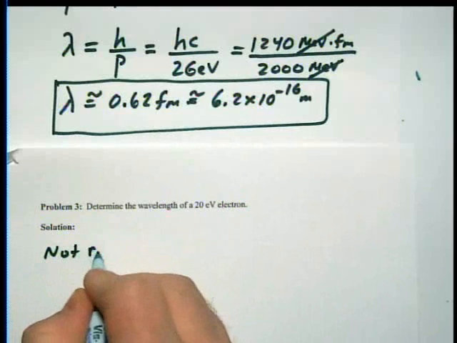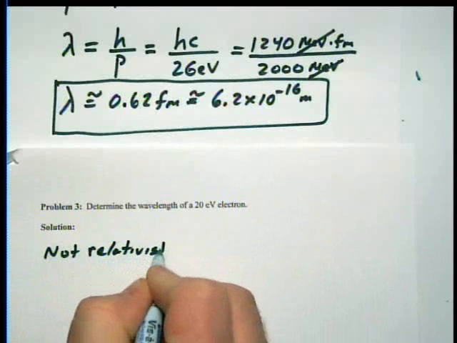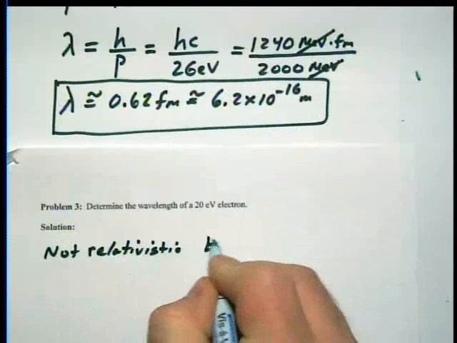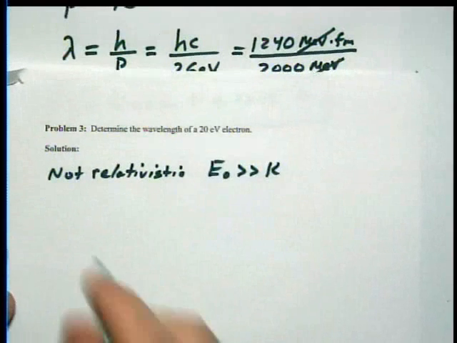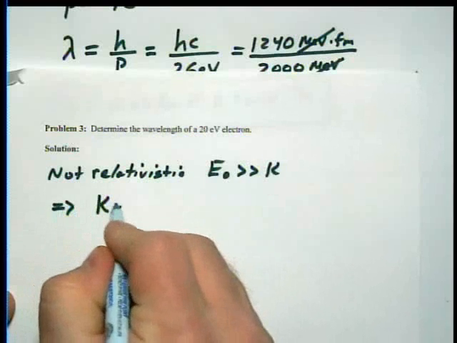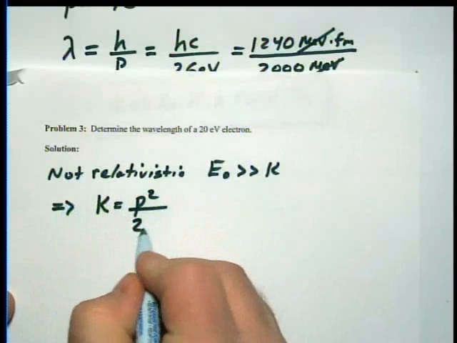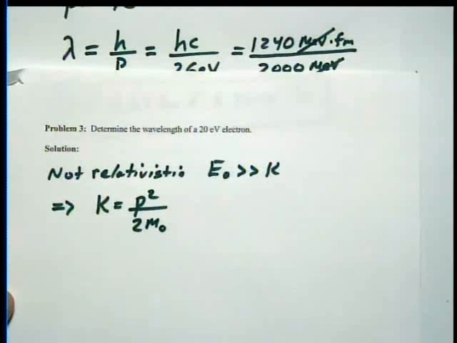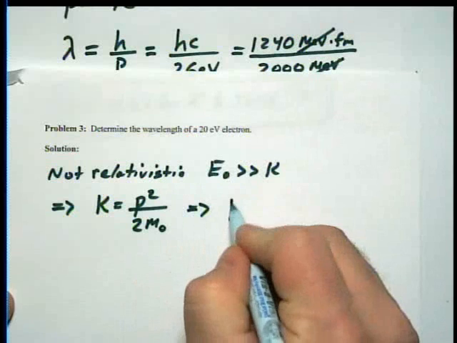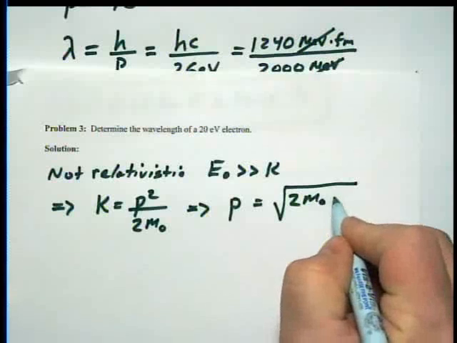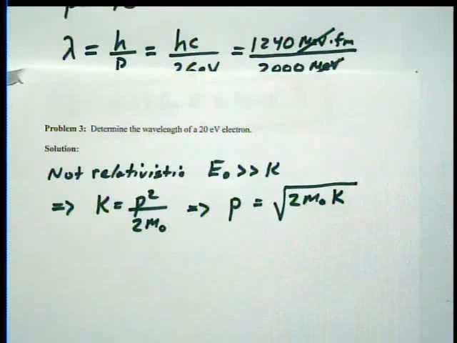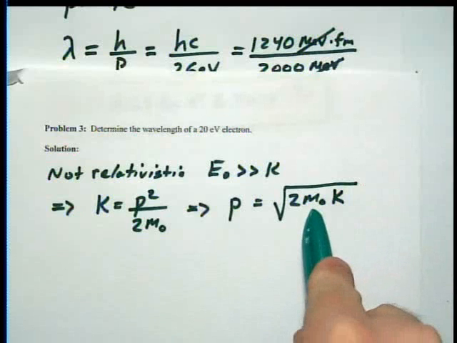Not relativistic. E naught is much greater than K. Therefore, K is P squared over 2m naught, or P is the square root of 2m naught times K. Now again, it is convenient and useful to multiply top and bottom by c squared so as to convert that mass into the rest mass energy.